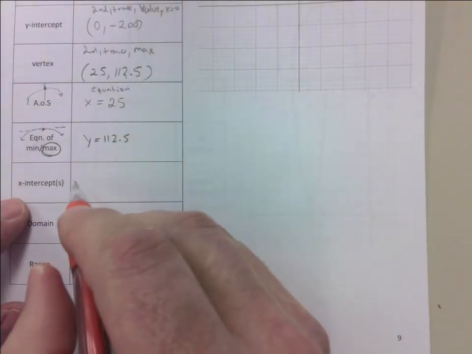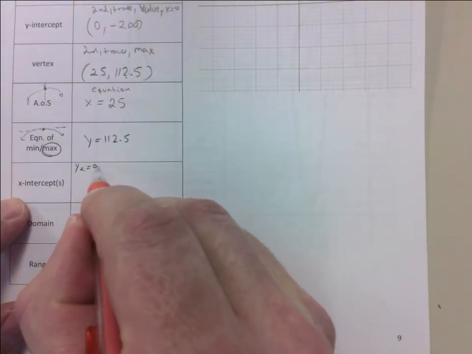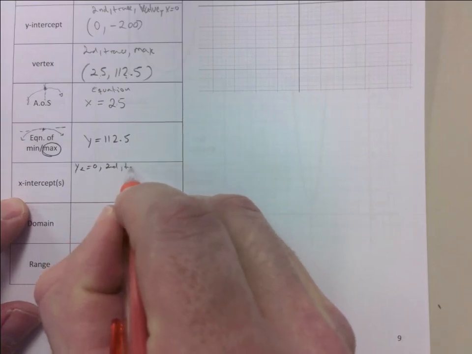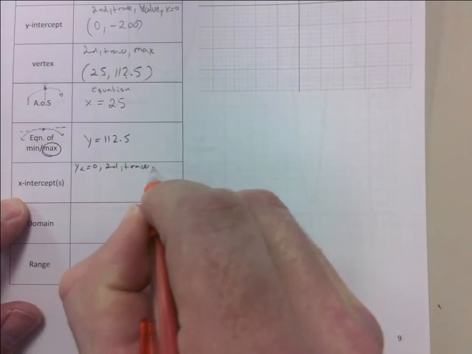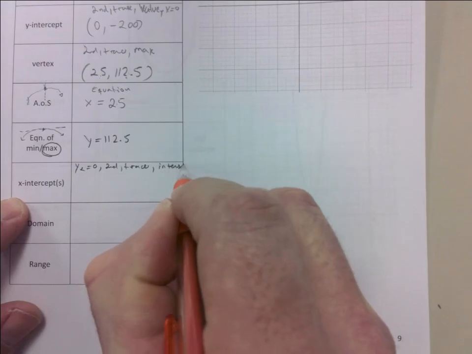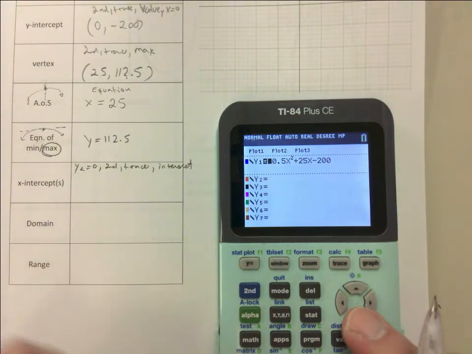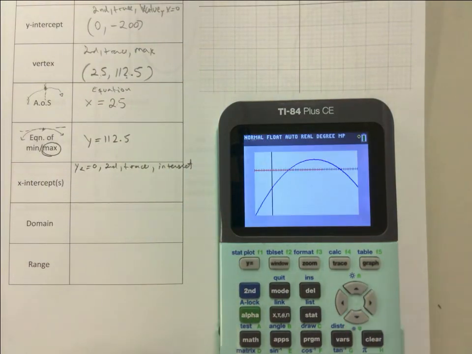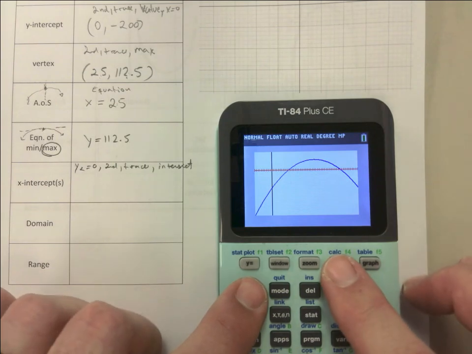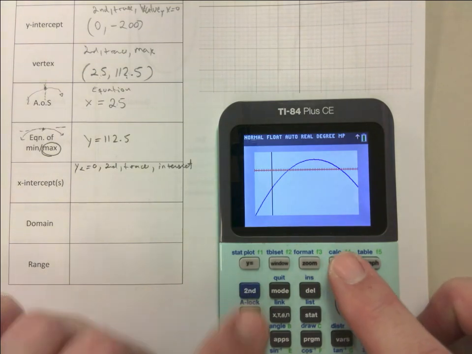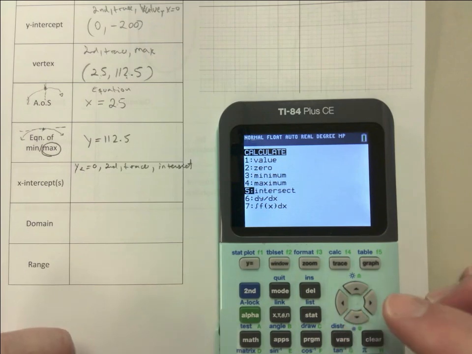Let's find the x-intercepts. We let y2 equal 0, then we go second, trace, intersect. So let's do that. I graph it, then I go second, trace, intersect.